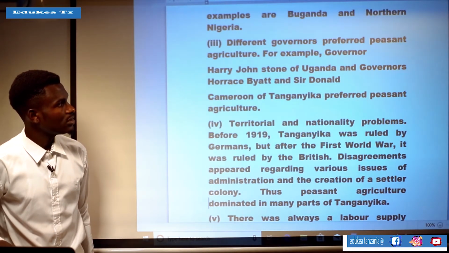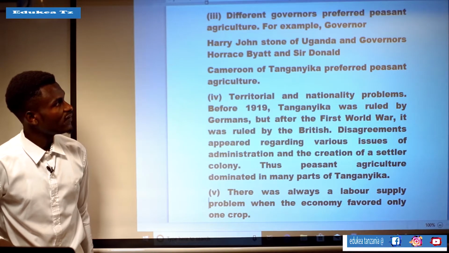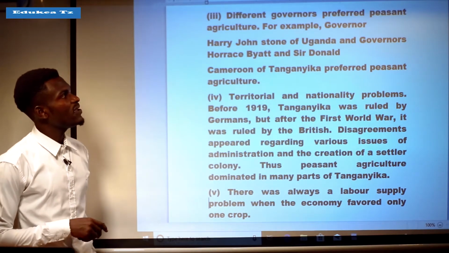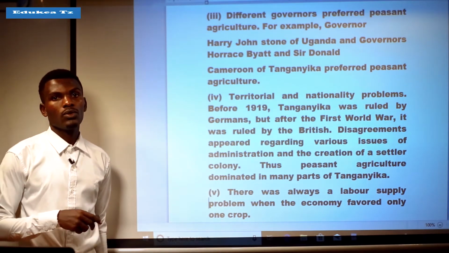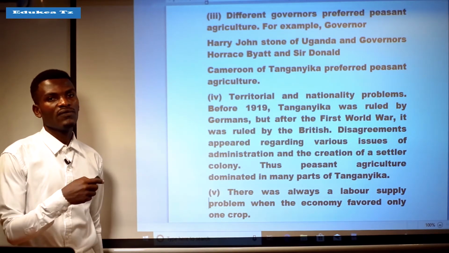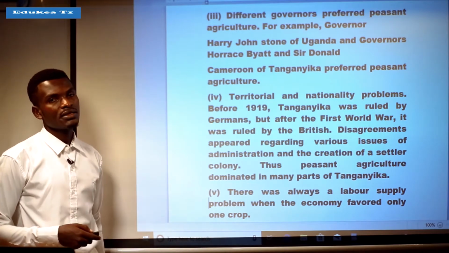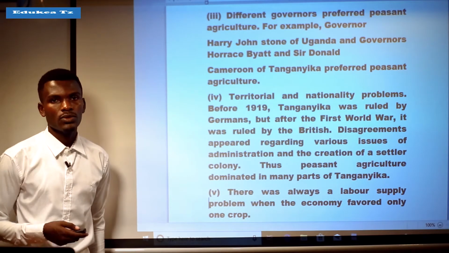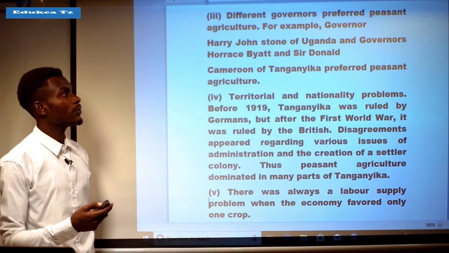Another was that different governors preferred peasant agriculture. It means that there was a changing of governors, so some governors preferred peasant agriculture while some preferred settler or plantation agriculture.